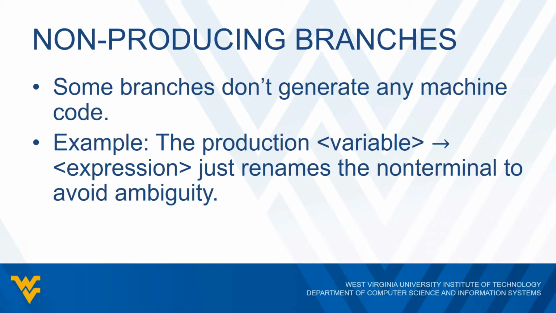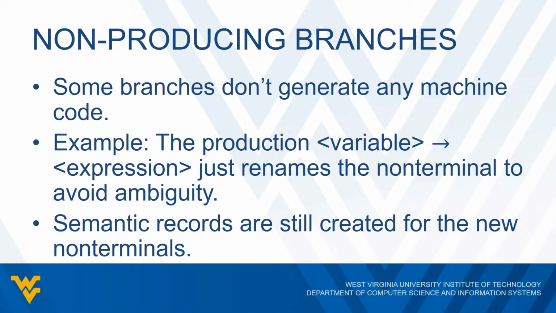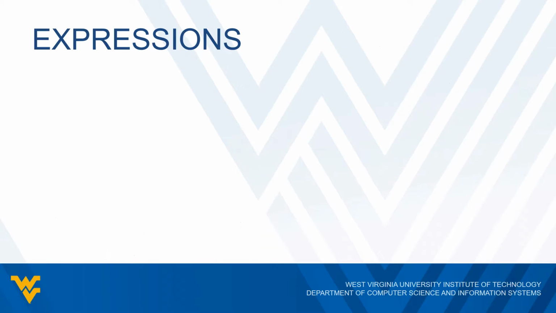So this demonstrates an important point, that although most branches of a parse tree produce code, some branches don't. And although no code is produced, the compiler must still create a semantic record for the new non-terminal expression in this case. And these semantic records would be identical to the ones that were built for the non-terminal variable.